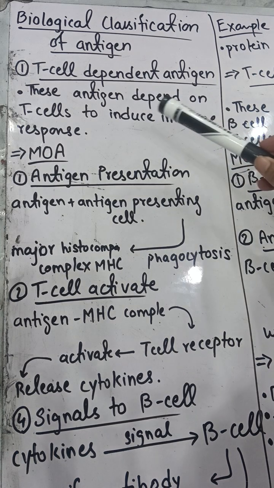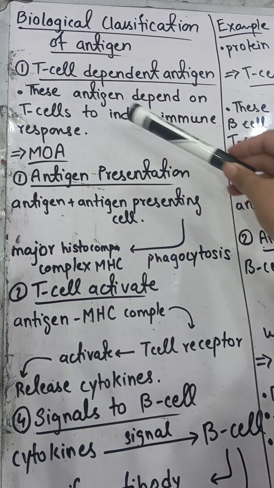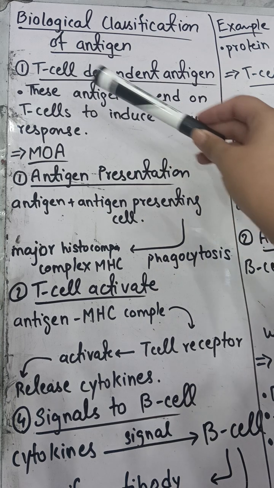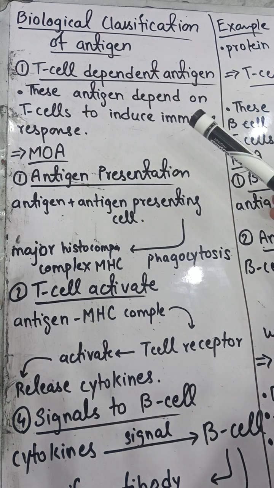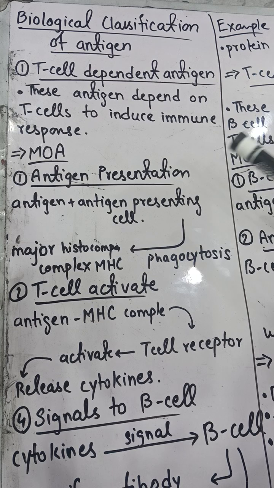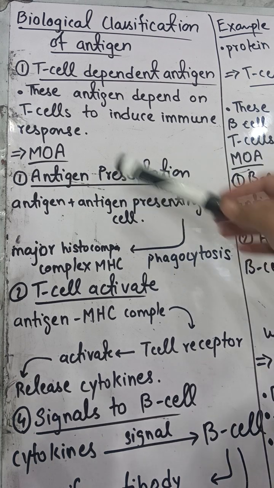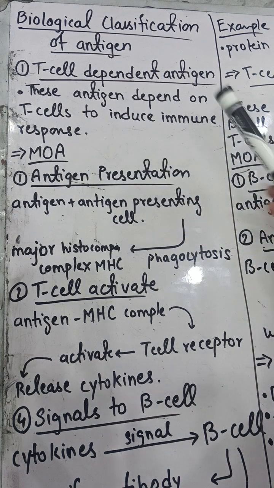But if the antigen is dependent on the T cell, then it will be called a T cell dependent antigen. I know a lot of questions are in your brain: why are they dependent on T cells to induce the immune response, and how do they do it? So let's discuss its mechanism of action, how it is dependent on T cell.